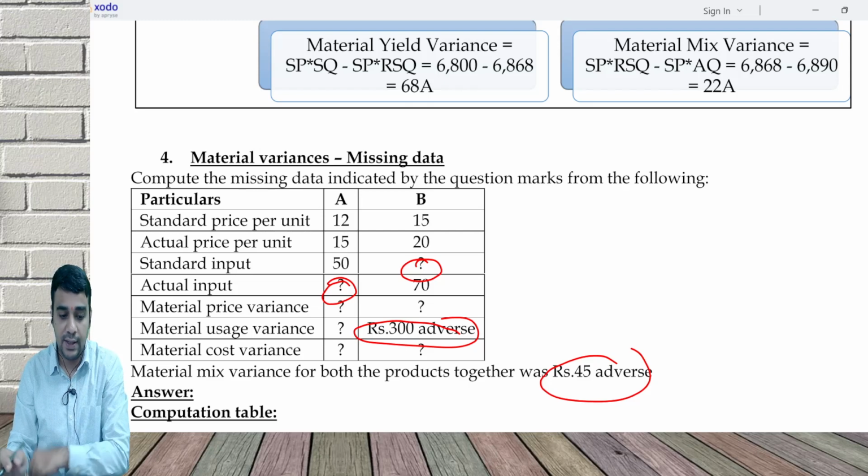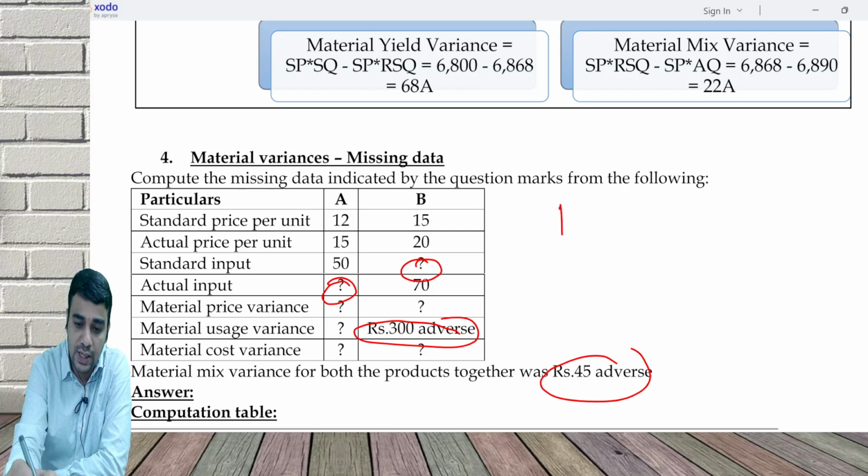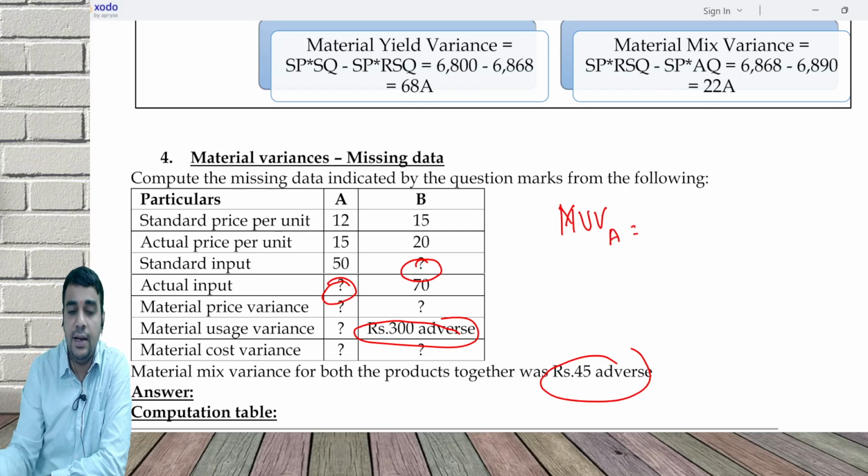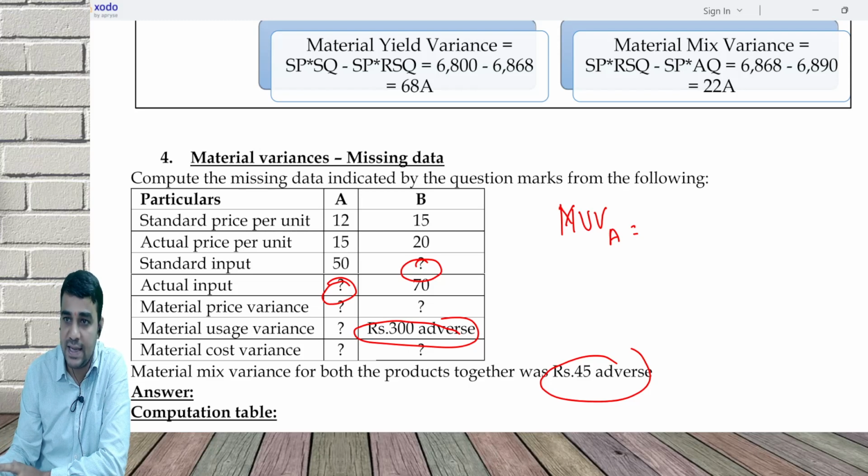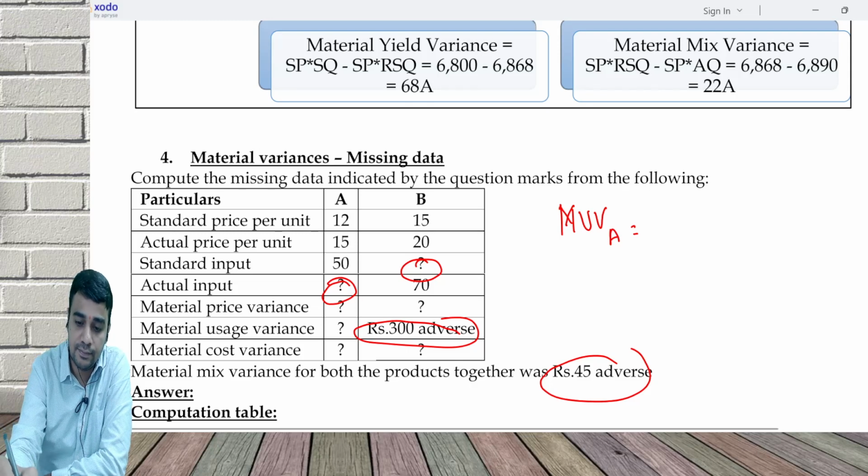Material usage variance. Material usage variance of A alone. B need not be done because B is already there in the question. MUV for A alone. What is the formula for material usage variance? SP into SQ minus SP into AQ.